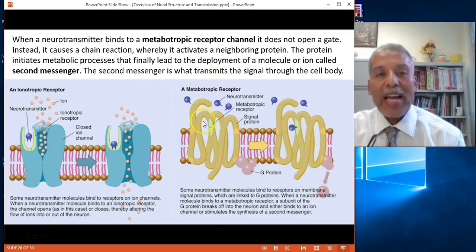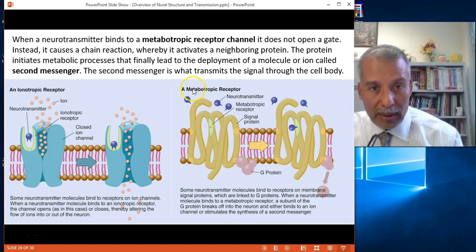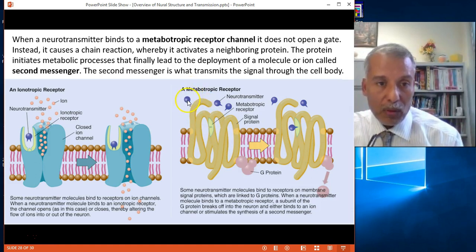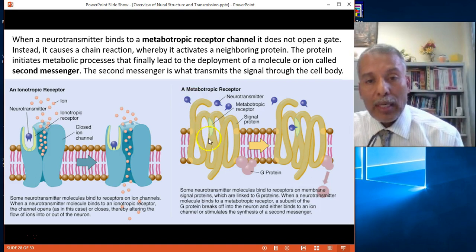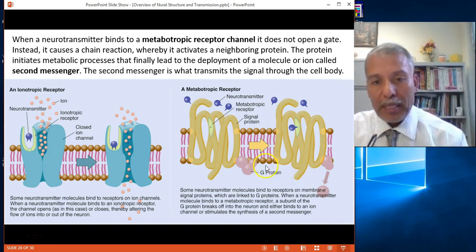It causes a chain reaction where, for example, once the neurotransmitter binds on it, it's going to send the signal to a neighboring protein called the G protein, and the G protein is going to activate another protein, basically.